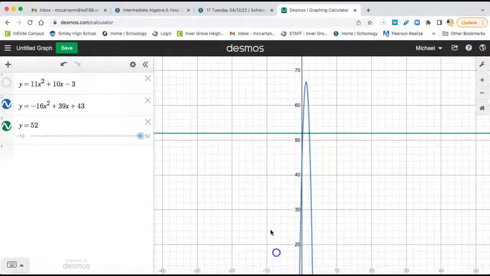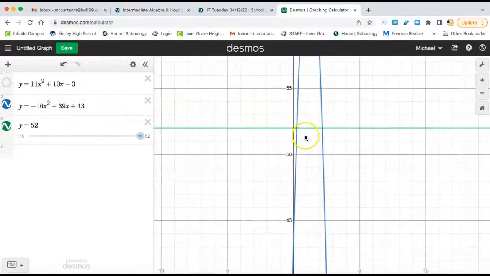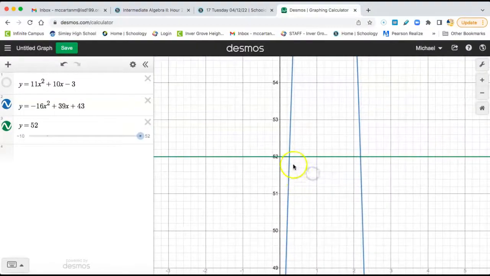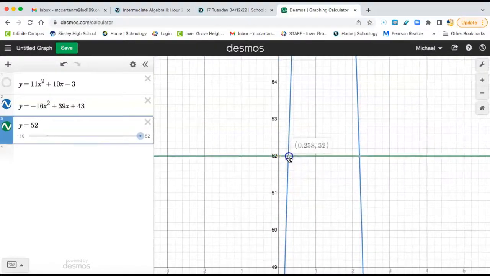It's going to be up here at 52. There it is. You get 2 answers. Again, here's one right there. 0.26 seconds. And it goes up and comes back down and hits again right there at 52 feet. 2.18 seconds.